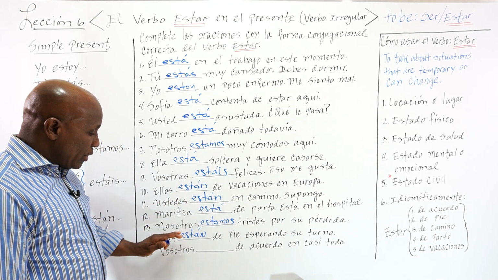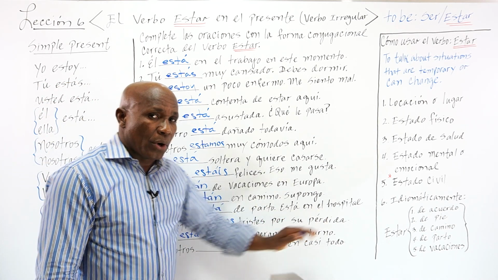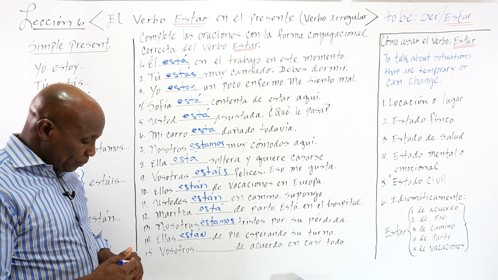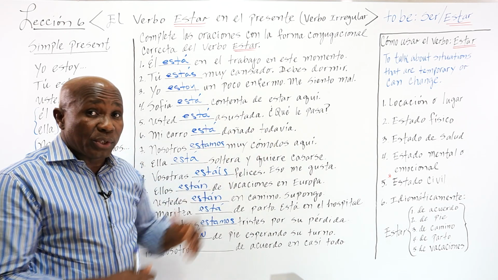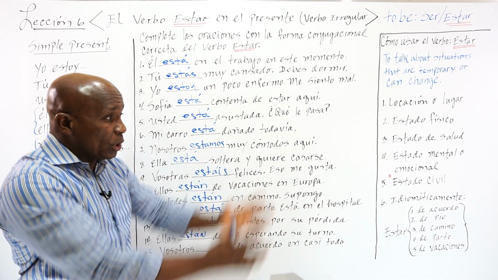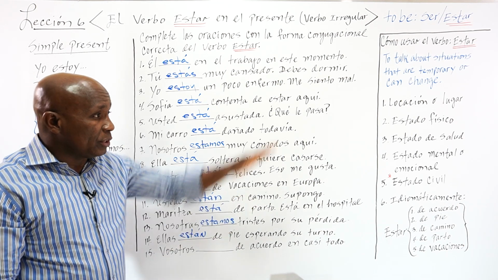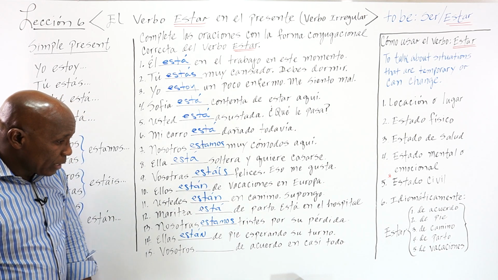They are standing, waiting for their turn. So these are all the contexts, all the situations in which we use estar, right?